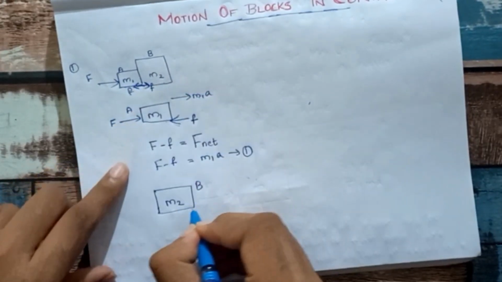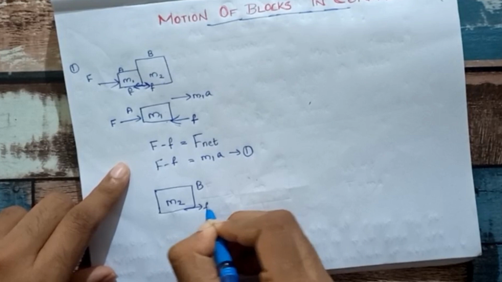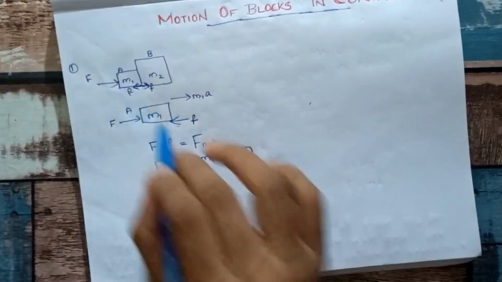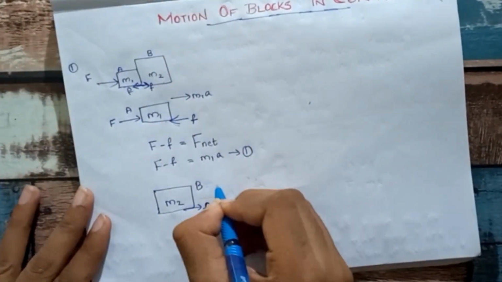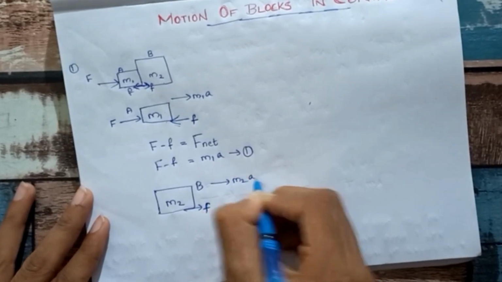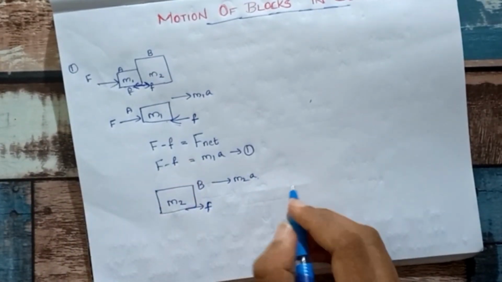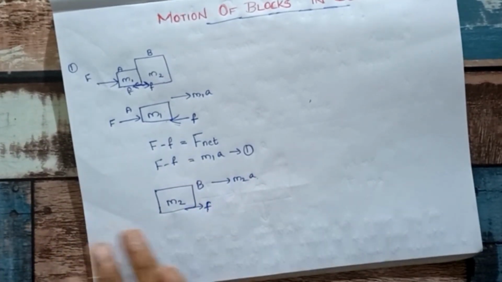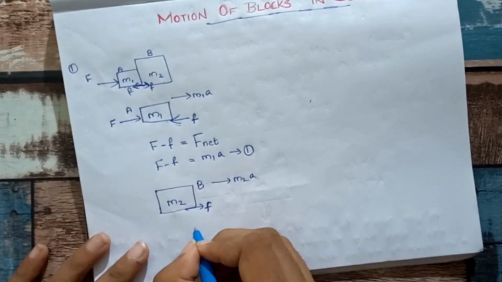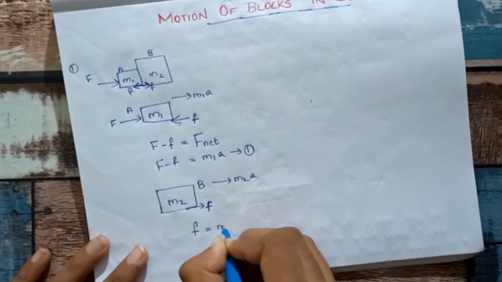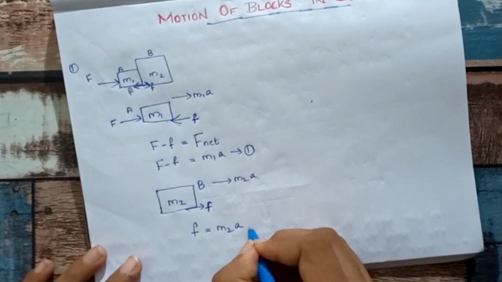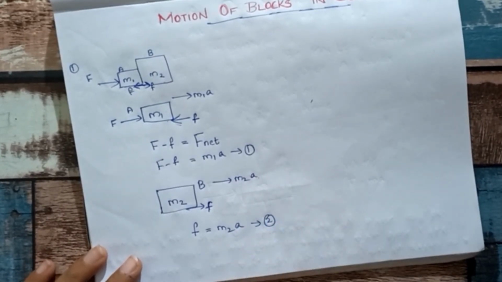I hope you're understanding. So that force f be taken like this, and since it's going in this direction, let the net force be M2A. So since these are moving in equal directions, we can put small f is equal to M2A. Let this be equation number 2.